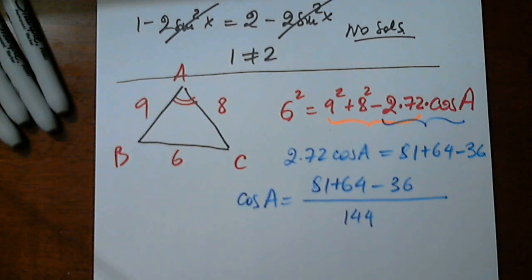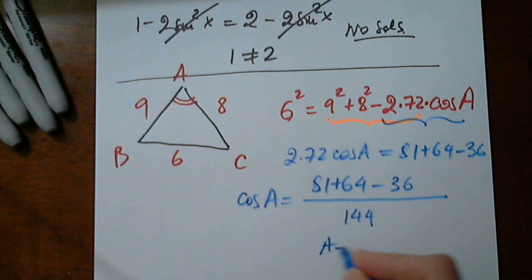Please use parentheses, close, and divide by 144. And all I have to do is, first of all, change the mode to degree mode again. And now, since it's cosine, inverse of cosine of the previous answer. And I will get the best answer possible by not truncating this. And I get 40.8. So A equals 40.8 degrees.